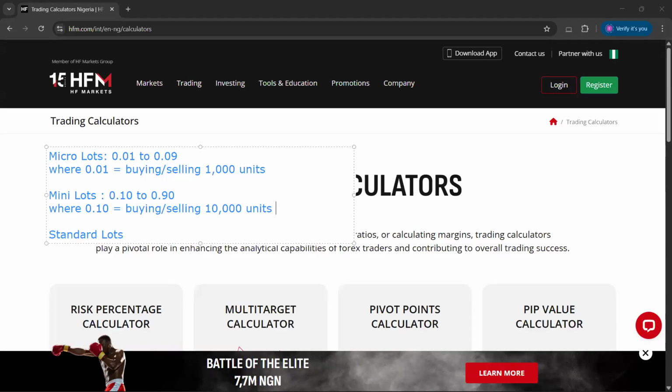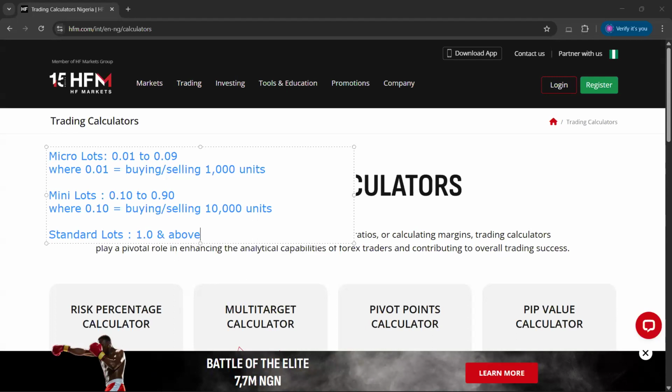So if you look at that and you begin to talk about what we have currently on the board, you understand where I'm coming from, saying that from the micro lots, we move to the mini lot, and then eventually we get down to the standard lot, that continues from where the mini lot stops, from 1.0, and we say that one goes and above.